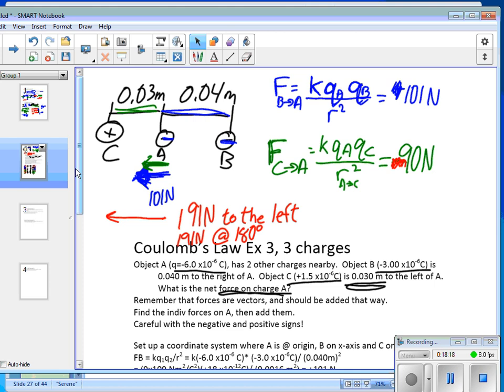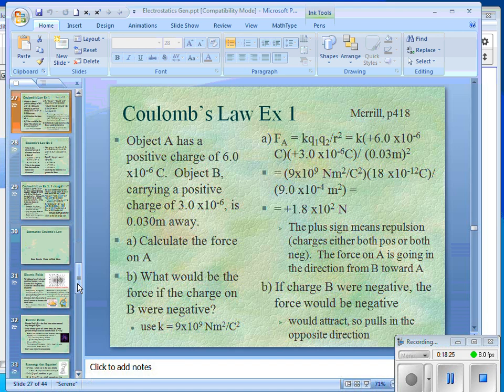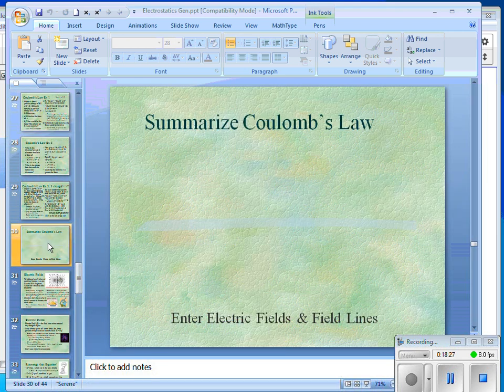All right. Now, what we need to do is scooch on down here. We've just gone over all the examples. This would be a good time for you to summarize Coulomb's law. You can talk about the relationships, the whole proportionality thing. Force is proportional to the product of the charges, and inversely proportional to the square of the distance between them.